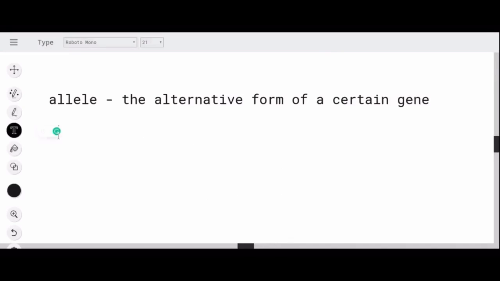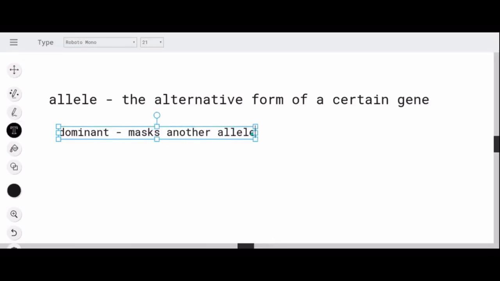There's something called a dominant trait. Dominant trait means it's dominant. It masks another allele. And there's this thing called the law of dominance. What a creative name.